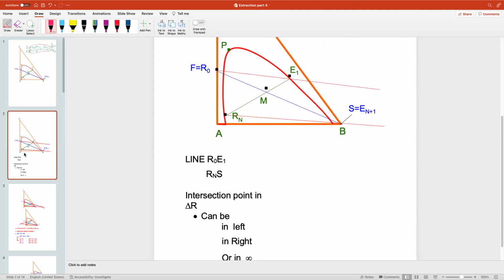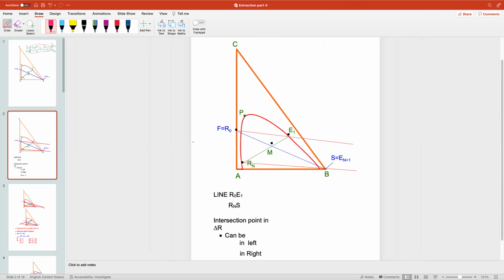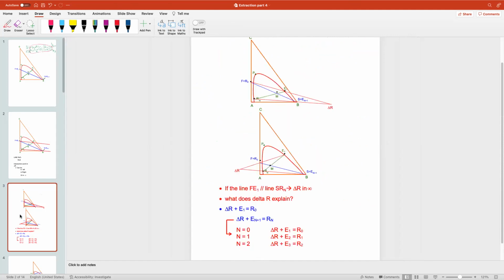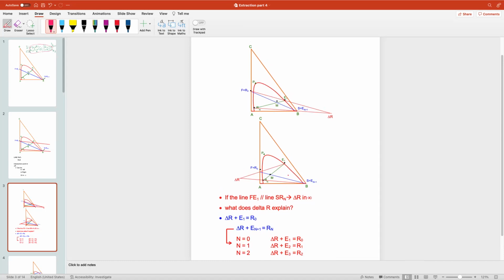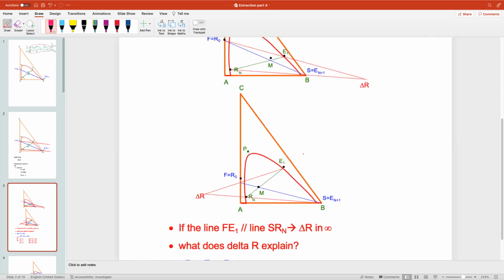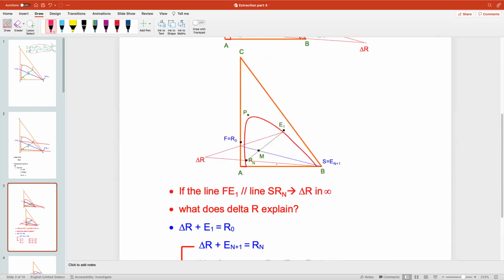Now, to understand what the operating line is, maybe for example, in this case, I'll just put this one there. Sometimes it can be like this, sometimes like that.